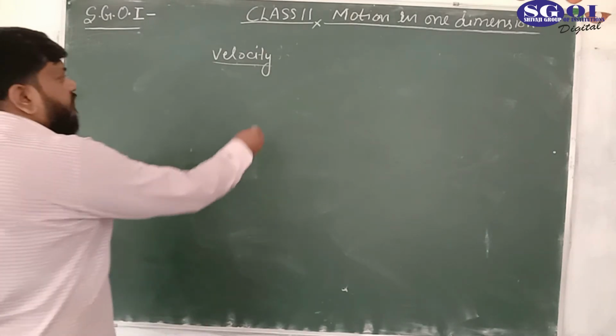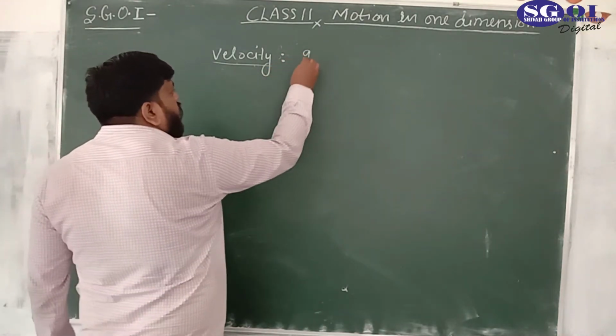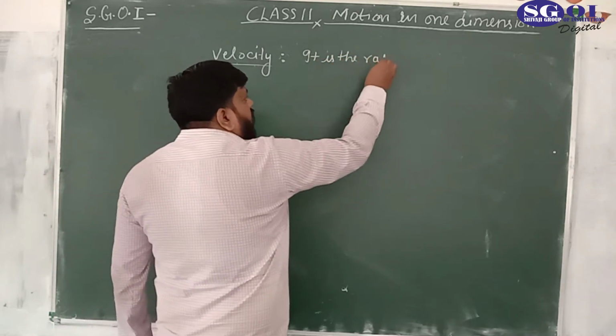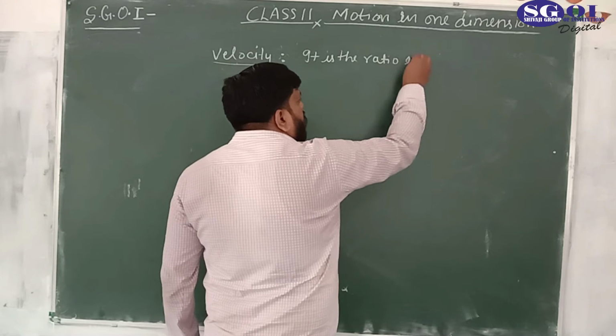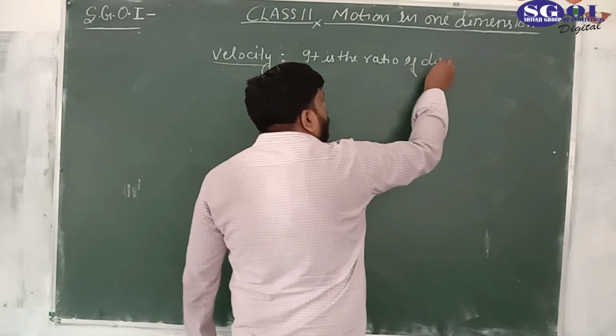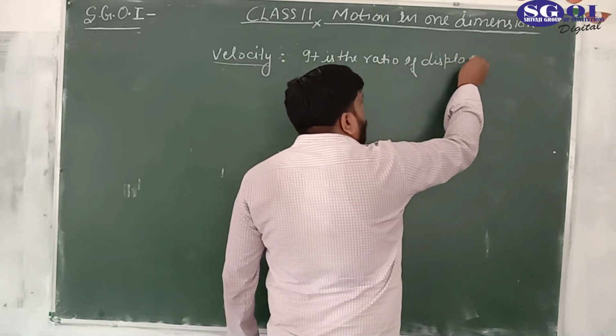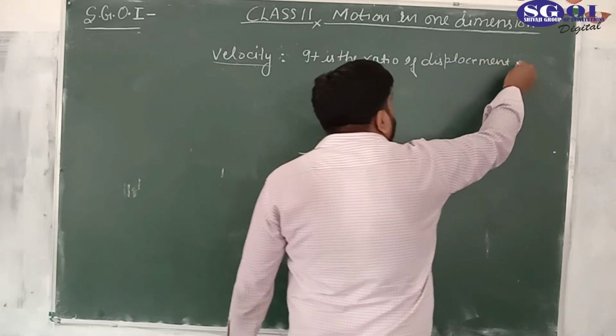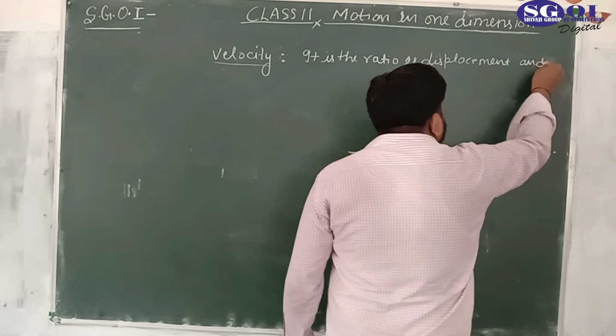Velocity is the ratio of displacement upon time. It is the ratio of displacement and time.